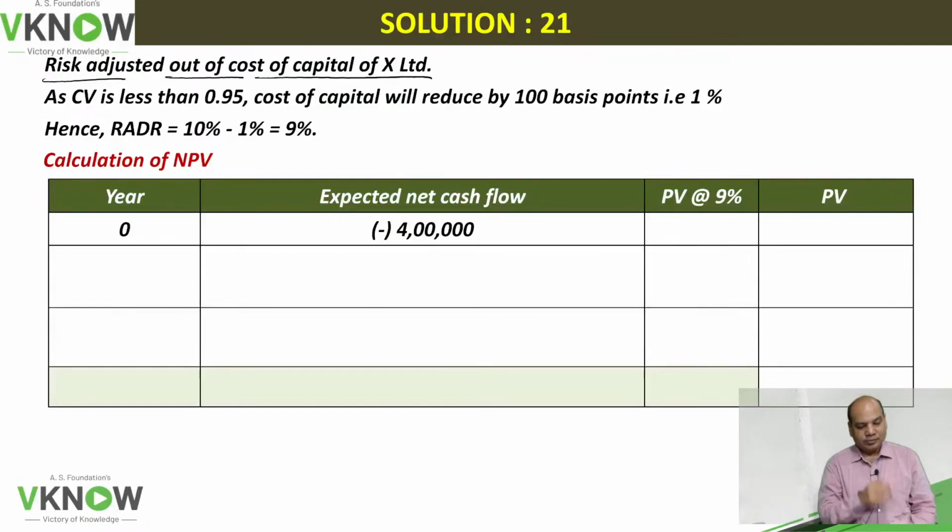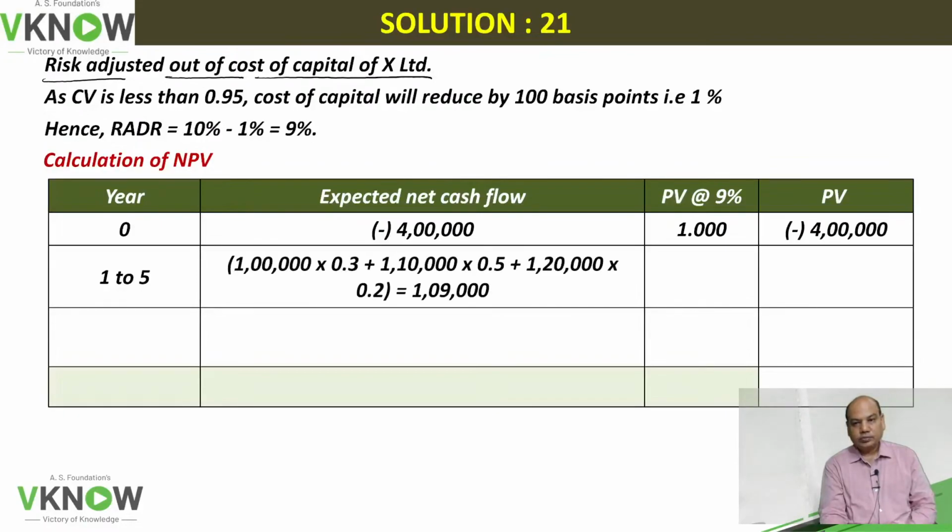Year 0, 4 lakh rupees. Present value 4 lakh. Year 1 to 5, what will be my expected net cash flow?